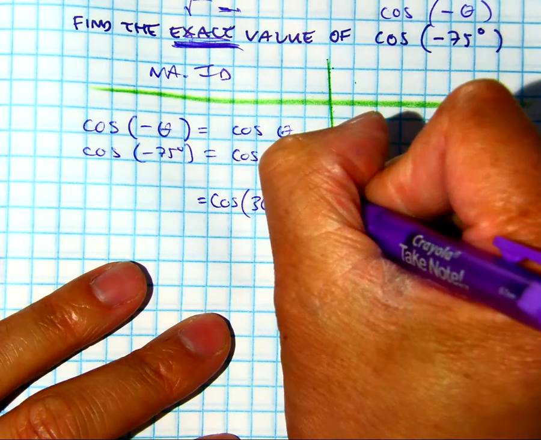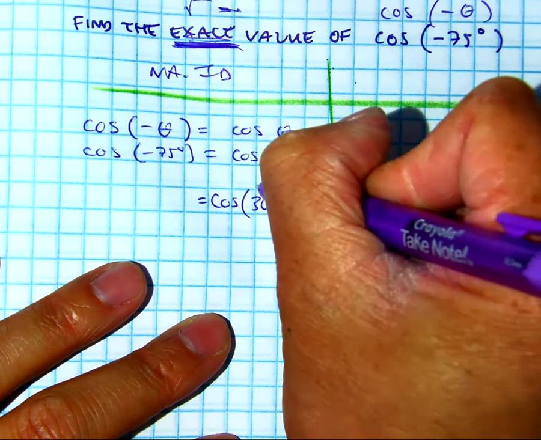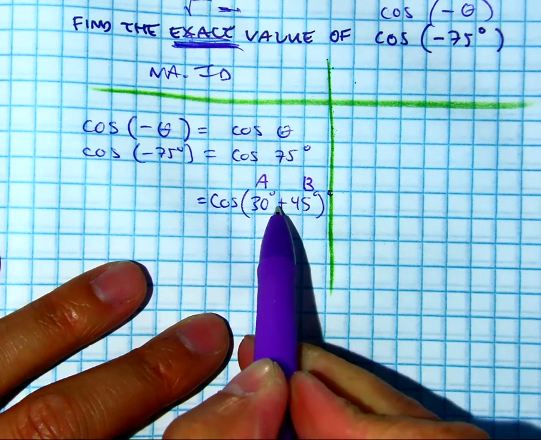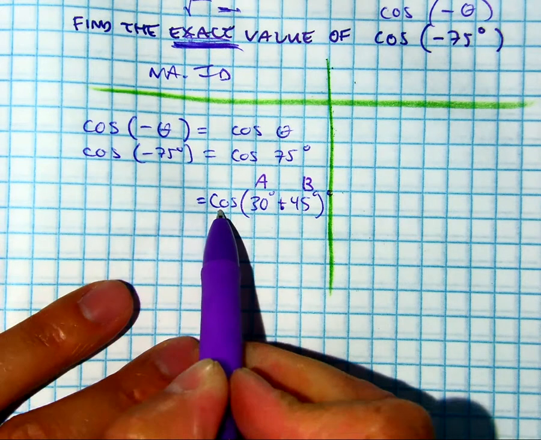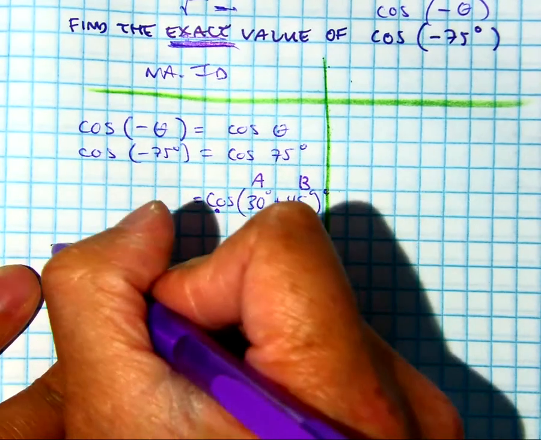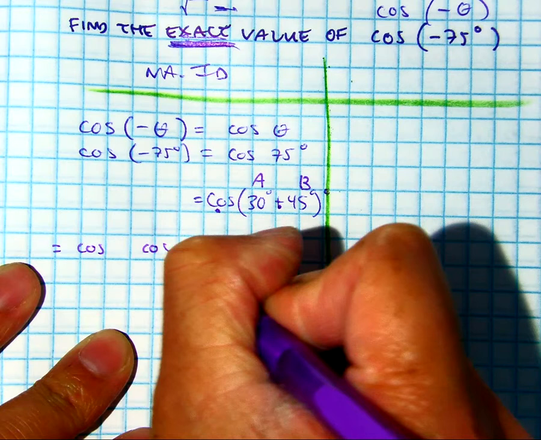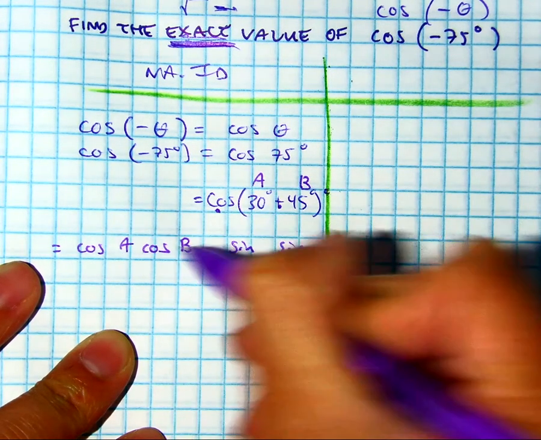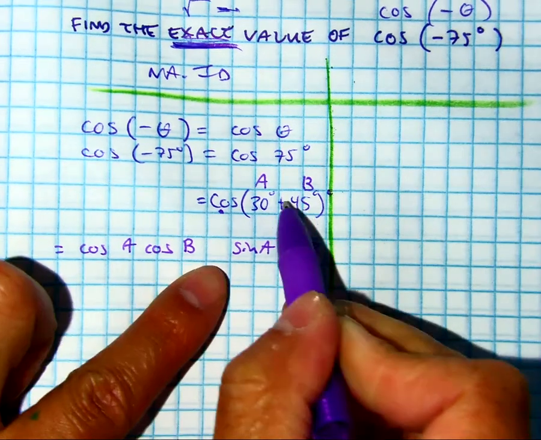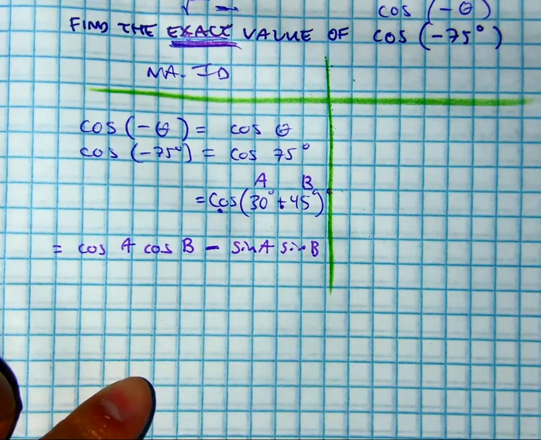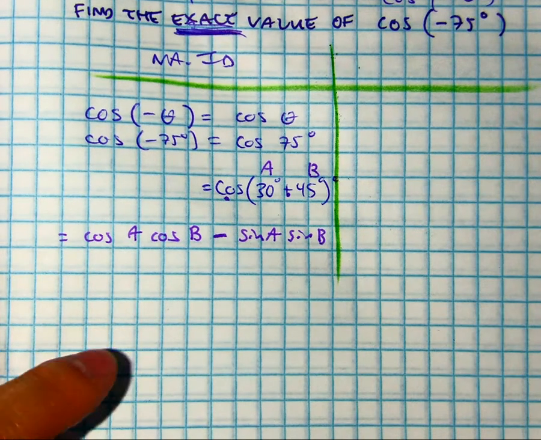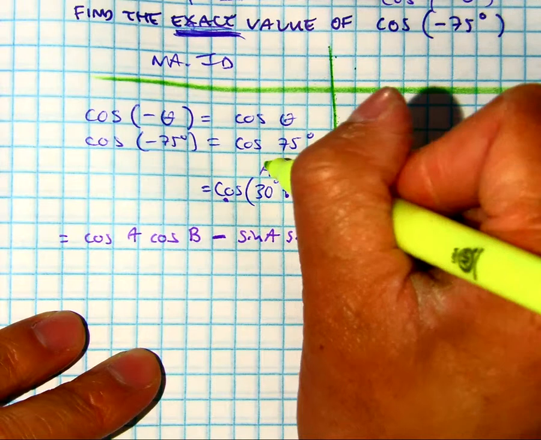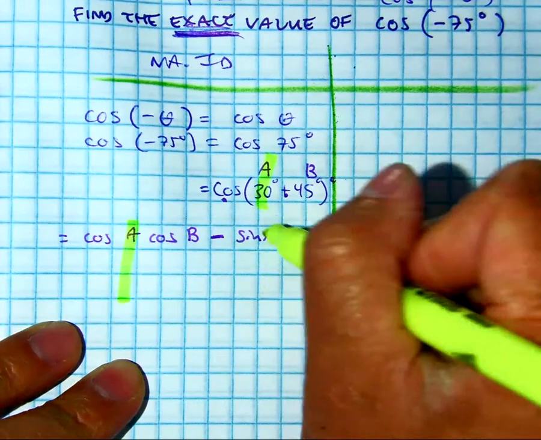Now I just need to identify my A and my B values. This is the A, and this is the B. And I'm basically going to use the sum identity of cosine: cos A cos B, sin A sin B, change the sign. So A is going to be 30 degrees.